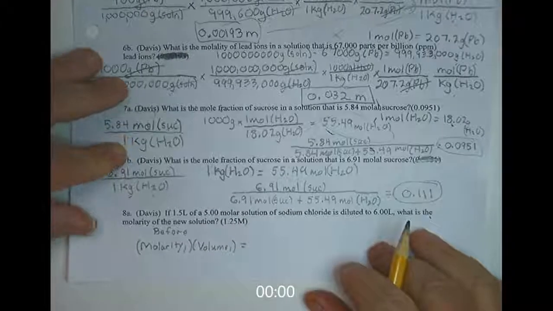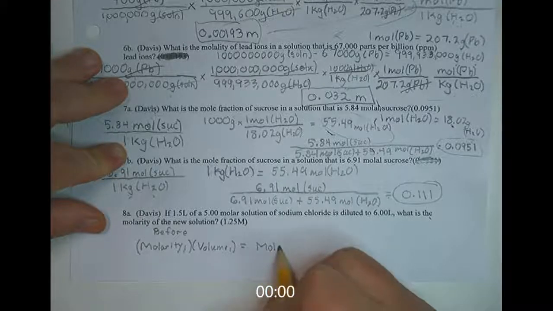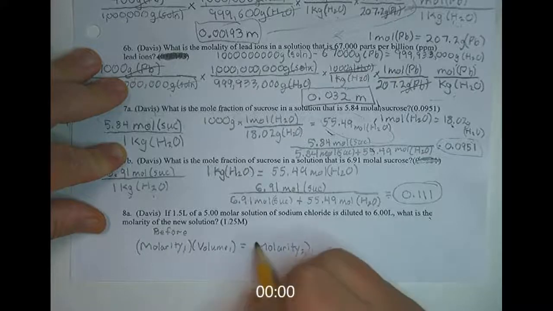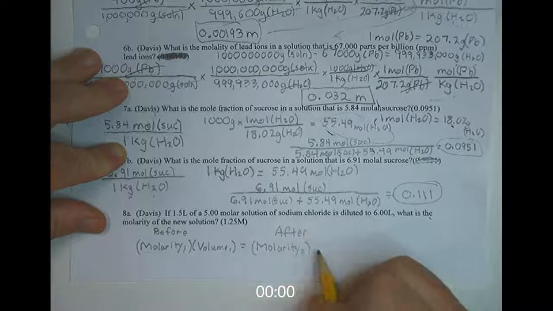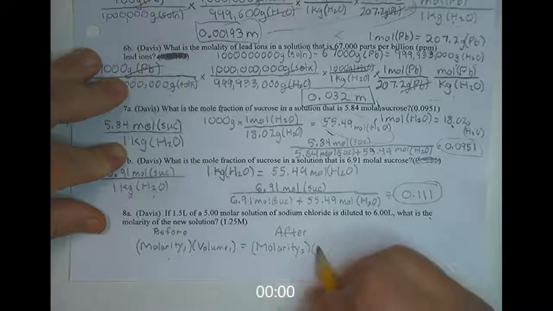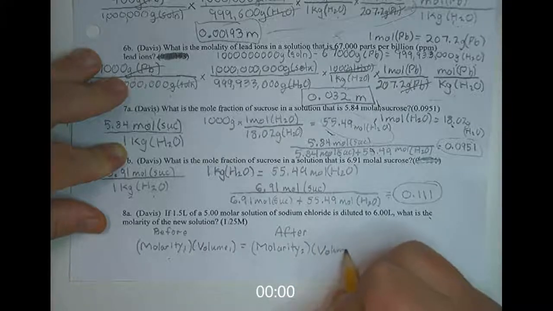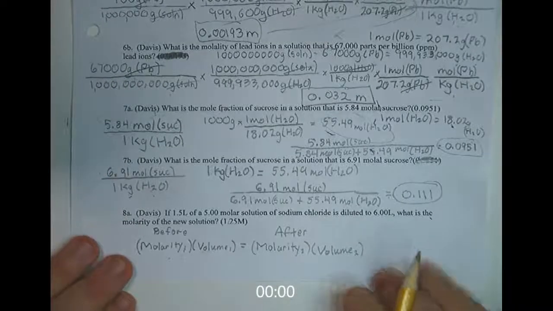It's an equation where the molarity after, molarity 2, after you've added some water, this volume times this molarity will equal this volume times this molarity. So at that point, it's a pretty easy problem.